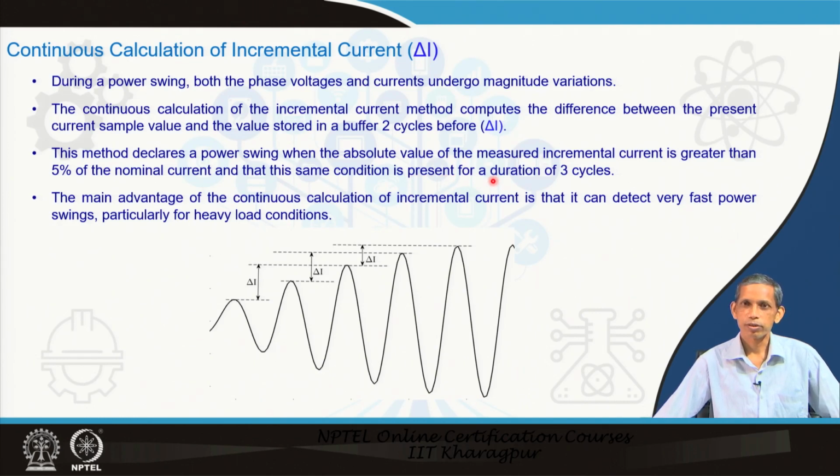So, if for 3 consecutive cycles, around 60 milliseconds in a 50 hertz system, the delta I magnitude stays more than 5% of the nominal current, then the relay declares a swing situation, otherwise not. The advantage of this continuous calculation is that it detects very fast power swings, including heavy load conditions, because it is superimposed component based.